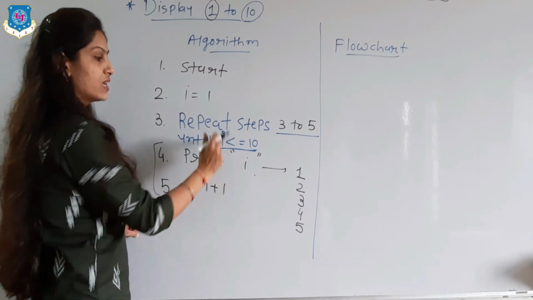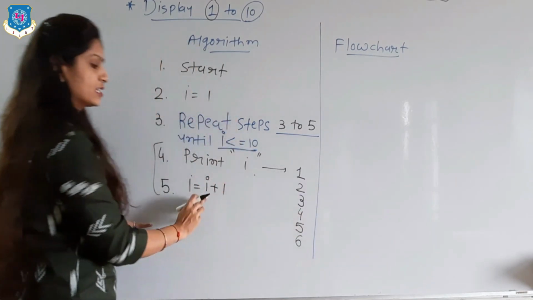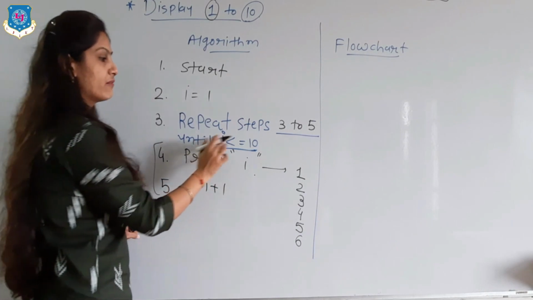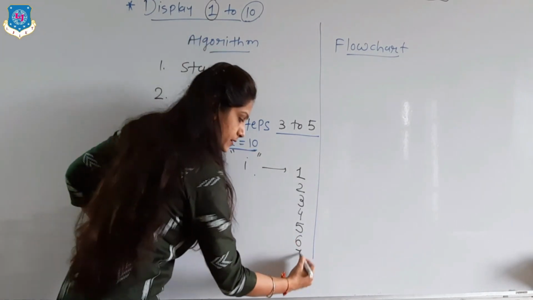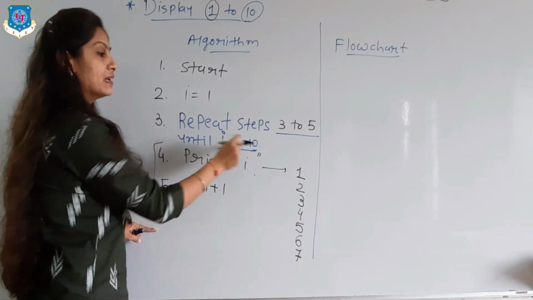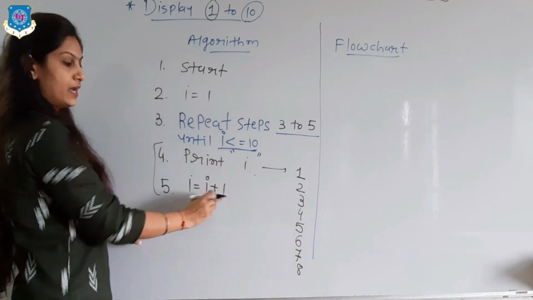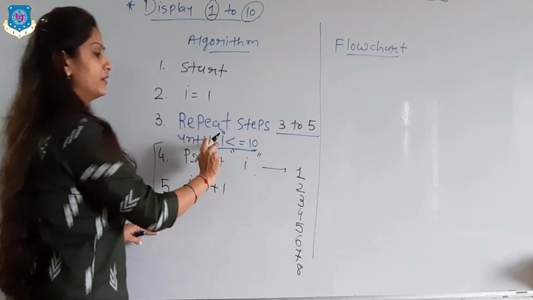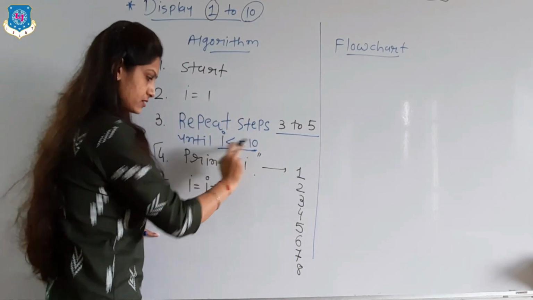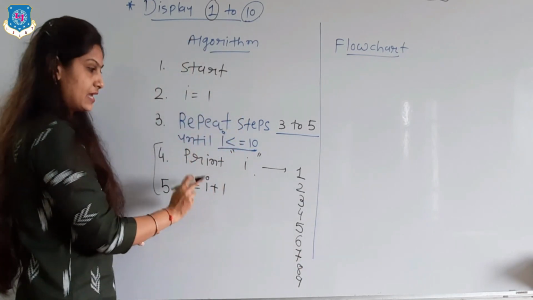Now 5 plus 1, 6. 6 is less than 10, yes. 6 plus 1, 7. 7 less than 10, yes. Then 7 plus 1, 8. 8 less than 10, yes. Print 8. Then 8 plus 1, that is 9. 9 less than 10, yes. Again print. 9 plus 1, that is 10.